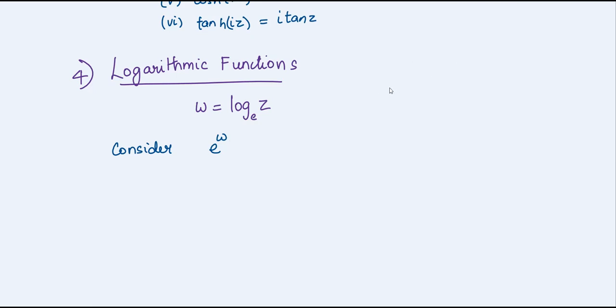Now just see, when we write e power x plus iy, I get e power x into e power iy, and this is cos y plus i sine y. Just look at this trick here, what I'm doing.